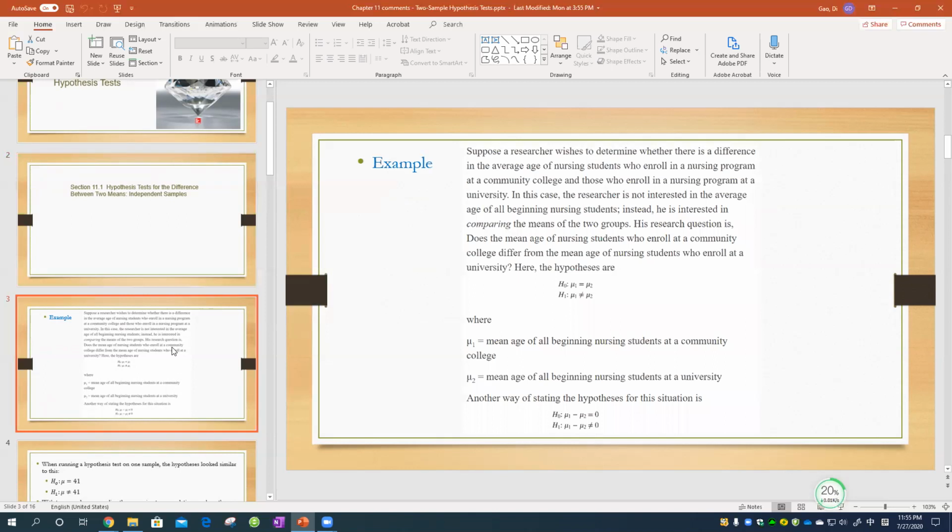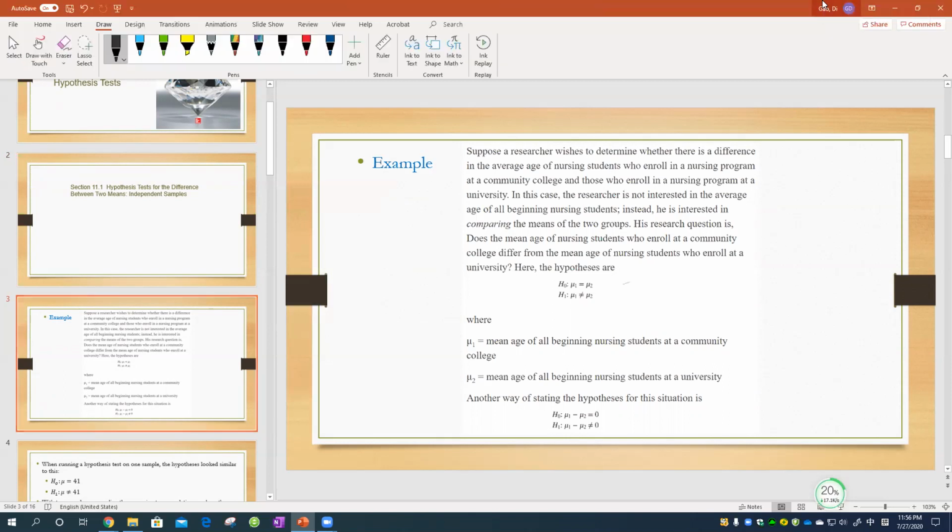His research question is, does the mean age of nursing students who enrolled at a community college differ from the mean age of nursing students who enrolled at a university? Hence, the one population hypothesis test will not work anymore.